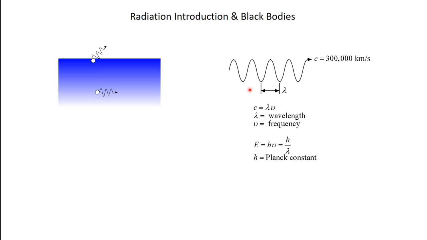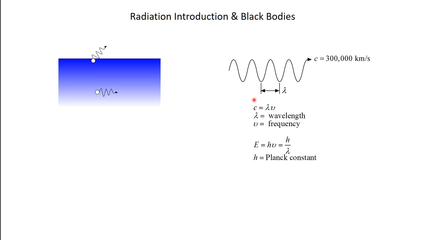These waves are moving at the speed of light. At least in most cases, the speed of light is something like 300,000 kilometers per second. But they do have different wavelengths and frequencies, right? So they're not all created equal. They're all moving at the same speed, but some might have longer wavelengths and therefore shorter frequencies, or vice versa, right?